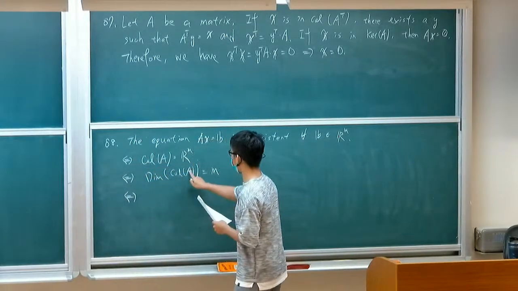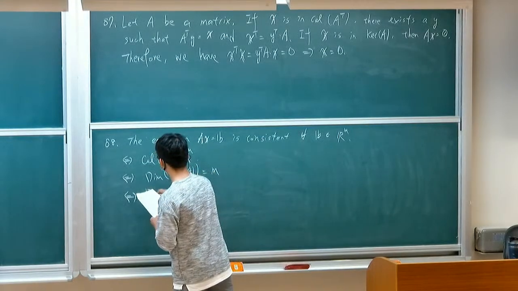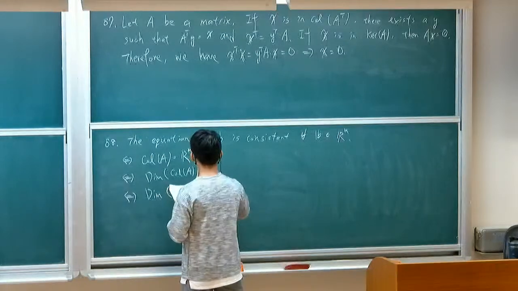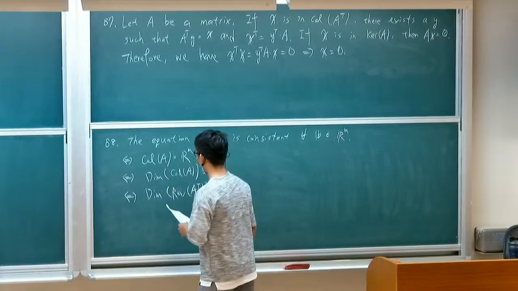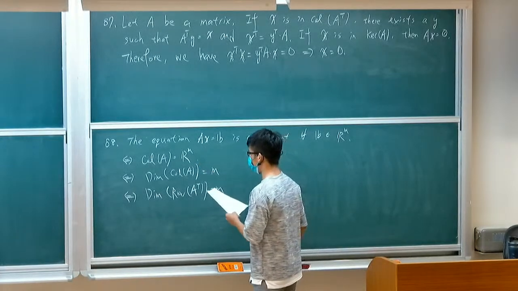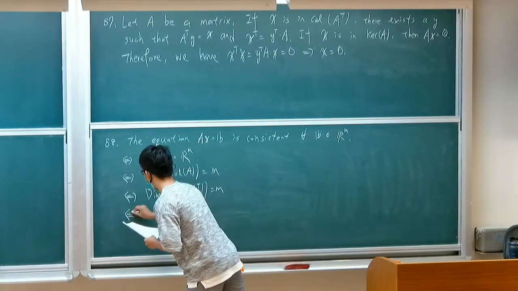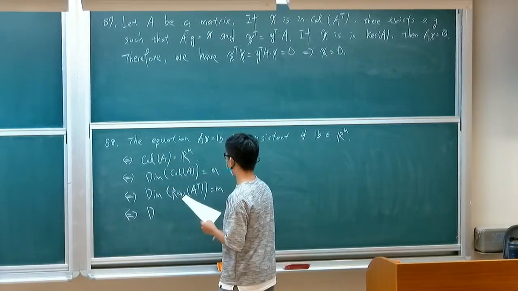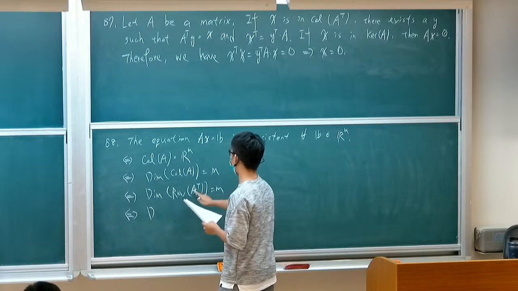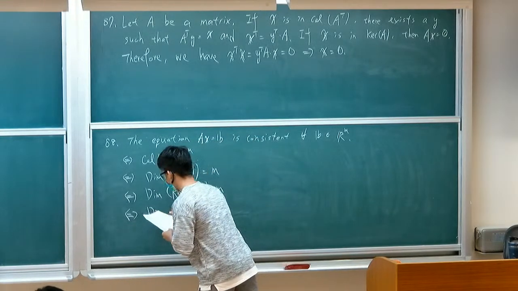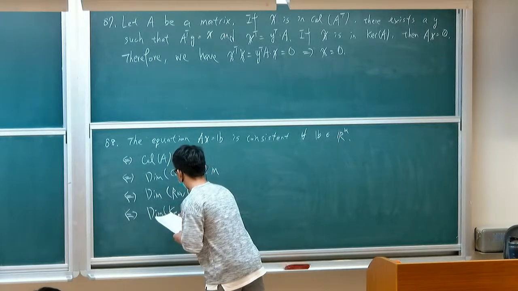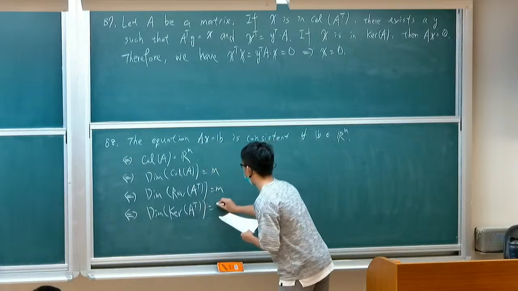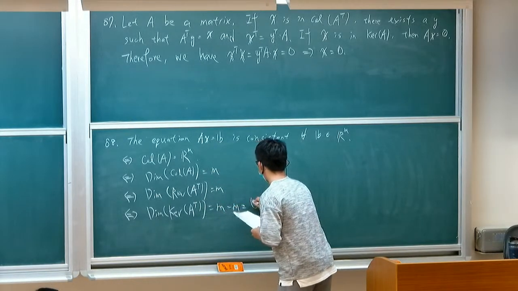Here we take the transpose of A, so we can rewrite this as the row space of A transpose. Now here we apply the rank-nullity theorem. Since the dimension of the row space of the transpose of A is n, the dimension of the kernel of A transpose is equal to n minus n, which is 0.